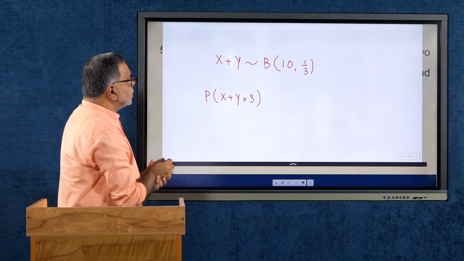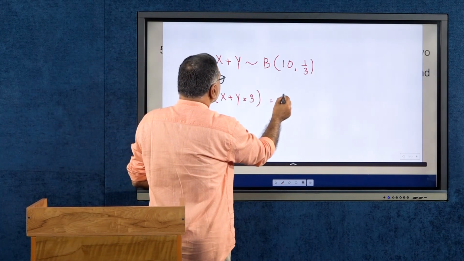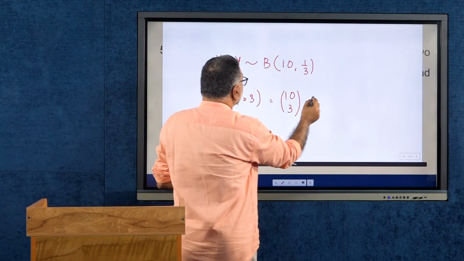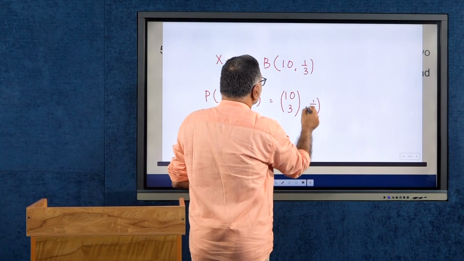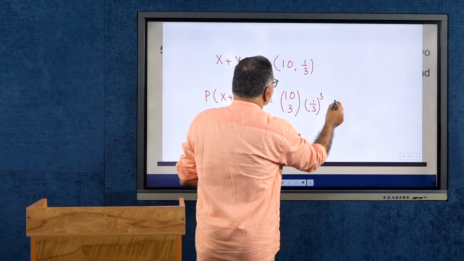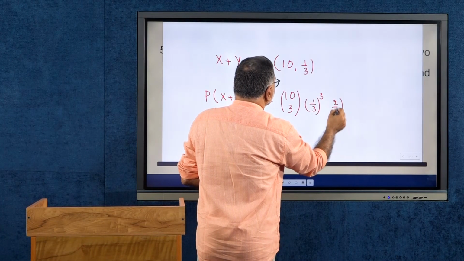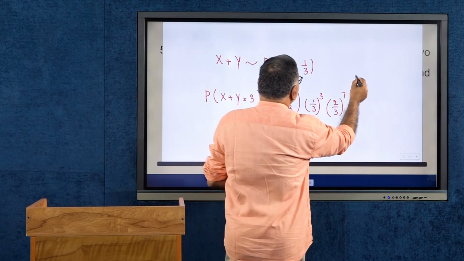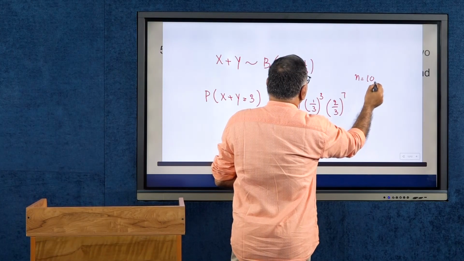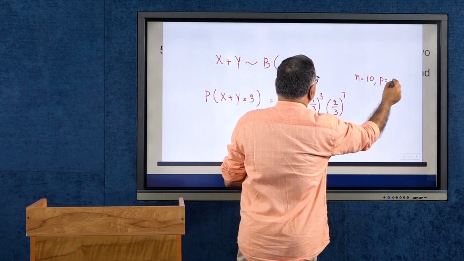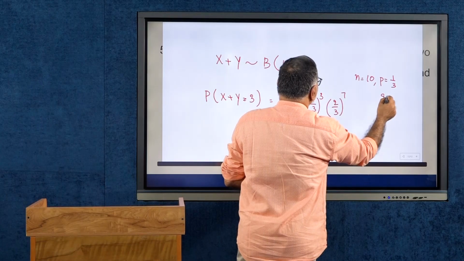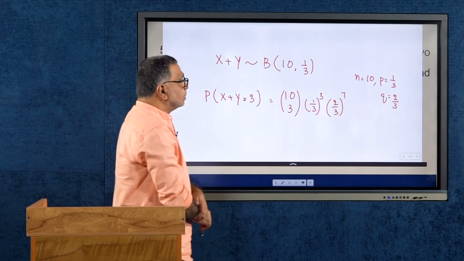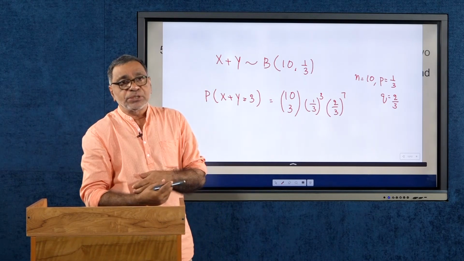Probability of x plus y is equal to 3 means what? It is 10 C 3 p power 3, that is 1 by 3 power 3, and q power 10 minus x, that is 2 by 3 power 7. Because here n is equal to 10 and p is equal to 1 by 3, and hence q is equal to 1 minus p, that is 2 by 3. So that is the probability of x plus y is equal to 3.